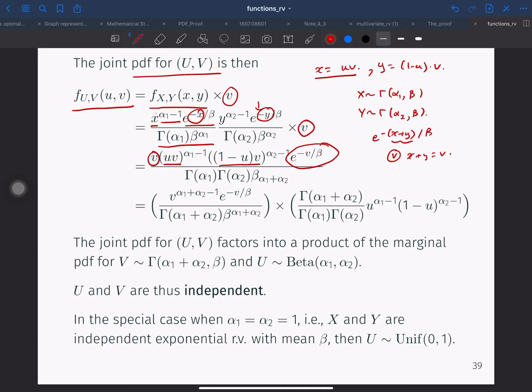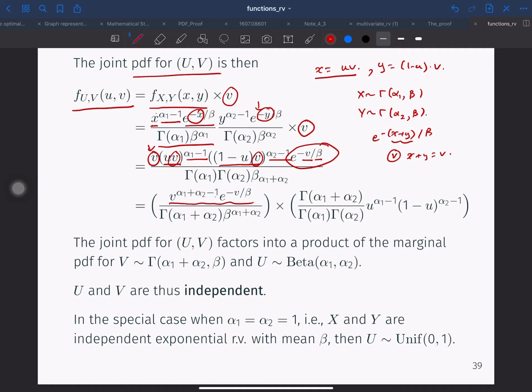After some simple manipulation and collecting the terms that depend on V, we have e to the minus v over beta, and then v to the alpha 2 minus 1, v to the alpha 1 minus 1, and another v, so you get v to the alpha 1 plus alpha 2 minus 1.